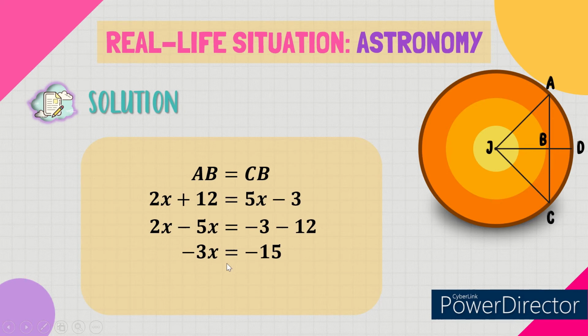Now to solve this, we will divide both sides by negative 3 so that only x will remain on the left side. So negative 3x divided by negative 3 is of course x, and negative 15 divided by negative 3 is 5. So the value of our x is 5.